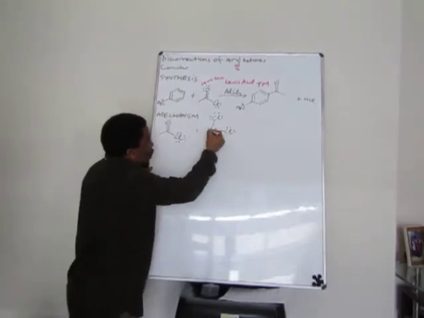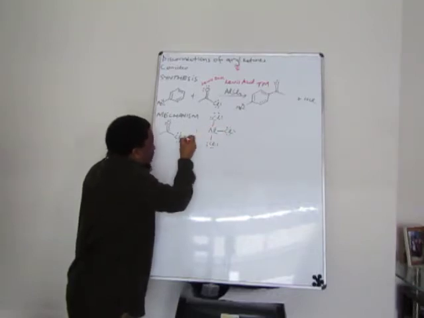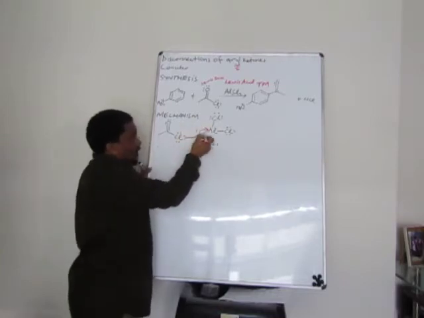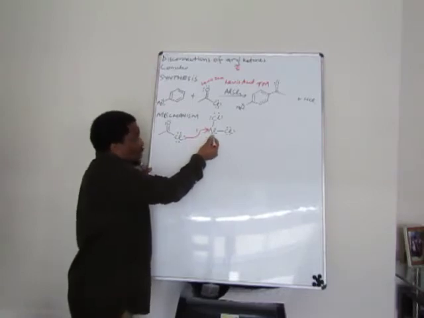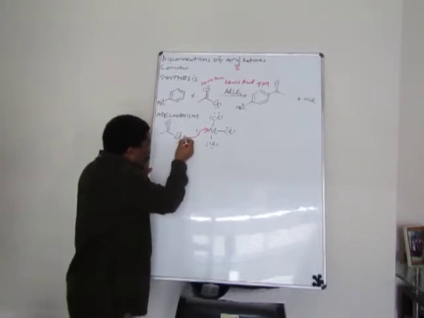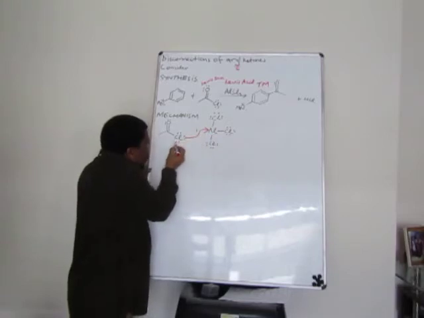We've got an empty p orbital here that can take electrons. Therefore, these electrons from your chlorine will go to that p orbital on the aluminium. This is the pair of electrons donated to a Lewis acid, so this becomes your Lewis base.